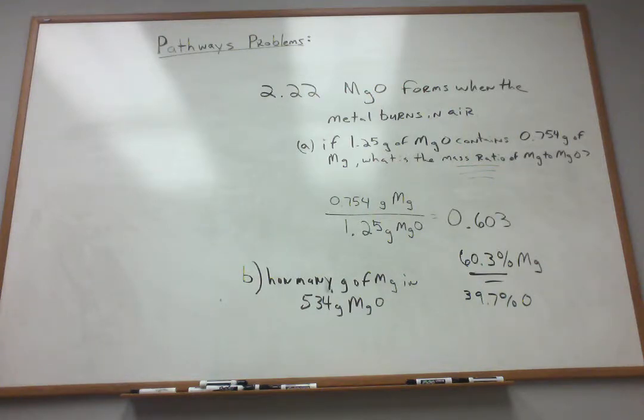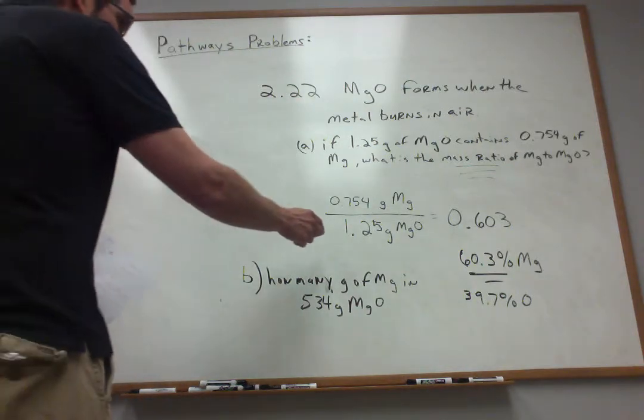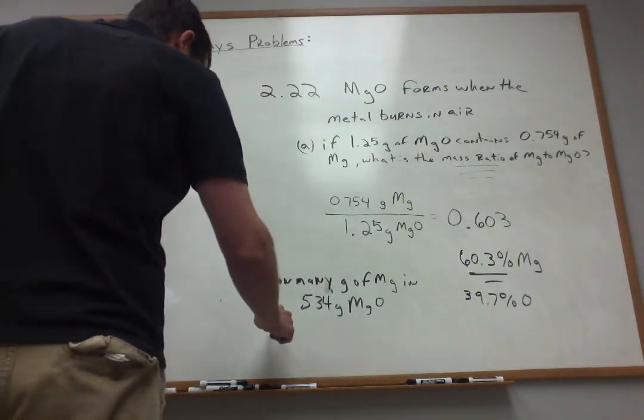Well, because the composition of magnesium oxide is consistent, across samples, doesn't matter where you get it from. As long as it's magnesium oxide, this mass ratio is conserved. So because that's consistent, it's simply a problem where we need to scale up from 1.25 grams to 534 grams.